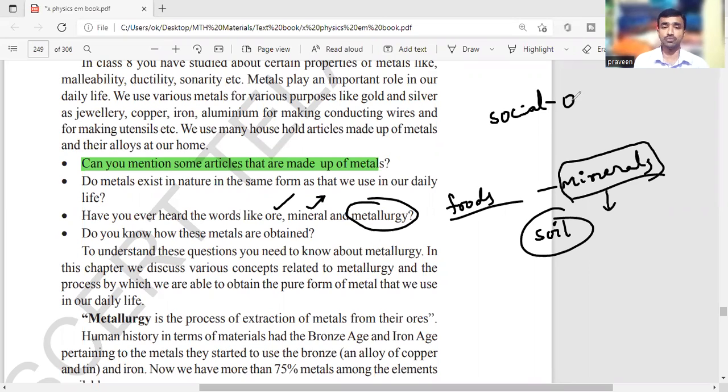In those cases you may discuss this ore, right? So what is the meaning of ore here? It is soil only, but it contains minerals in large percentage. The soil which has a large percentage of minerals, right? Actually we have a definition that will be given to you later.